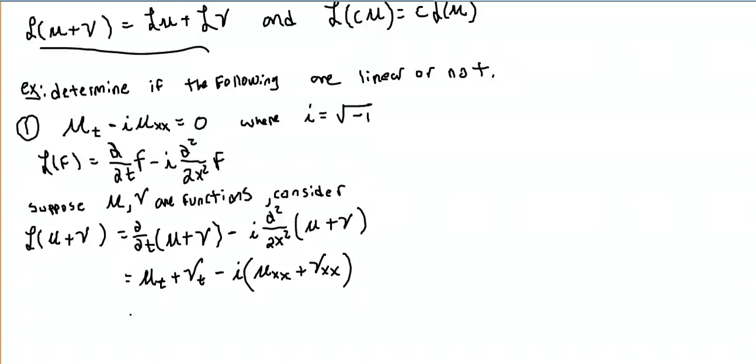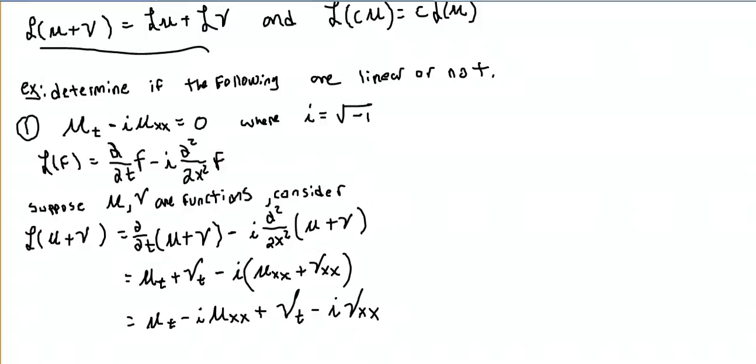Now I'm going to go ahead and distribute this negative i into it, and I'm going to rearrange terms. So I get u sub t minus i u xx plus v sub t minus i v xx.